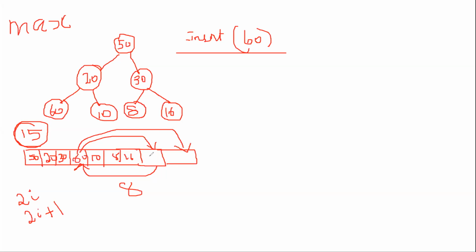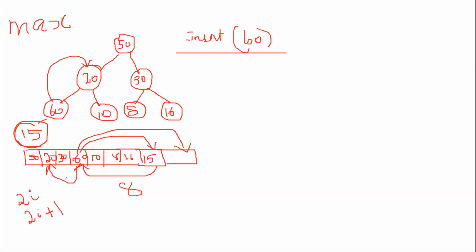60, 50. Then what should I do? Again, I will compare the 60 with its own parent. Again it is greater. So 60 is compared by dividing by 2. Just apply the same formula, divided by 2.